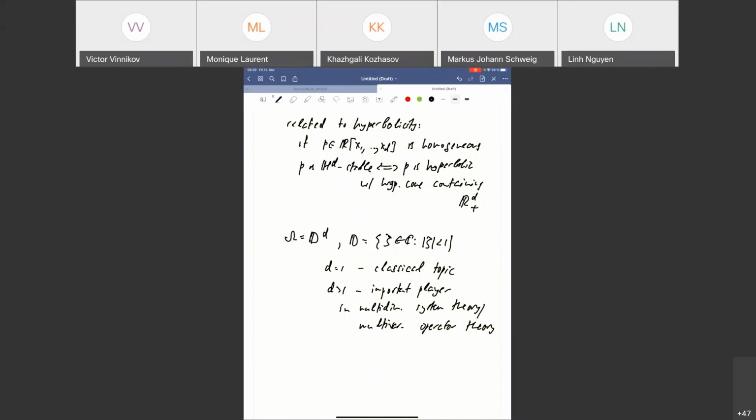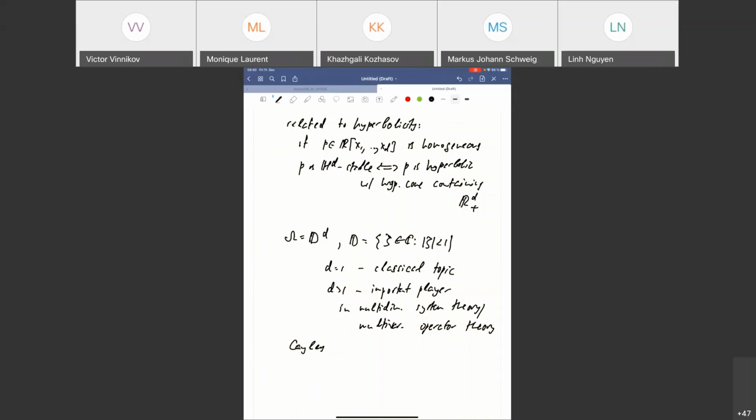Okay, so to state the certificate that I want, for stability, I need a definition. So those two classes of stable polynomials, H^d stable and D^d stable, or in the case of one variable, upper half plane stability and unit disk stability, are of course related by the Cayley transform.